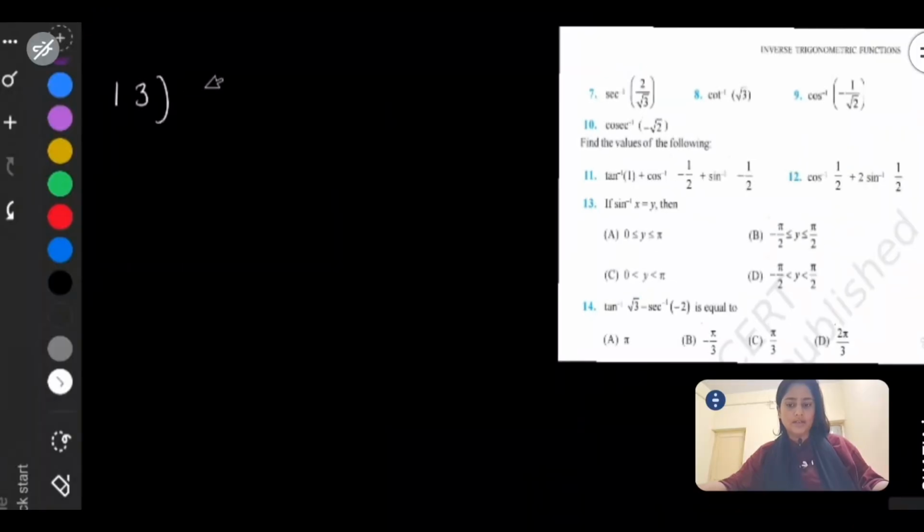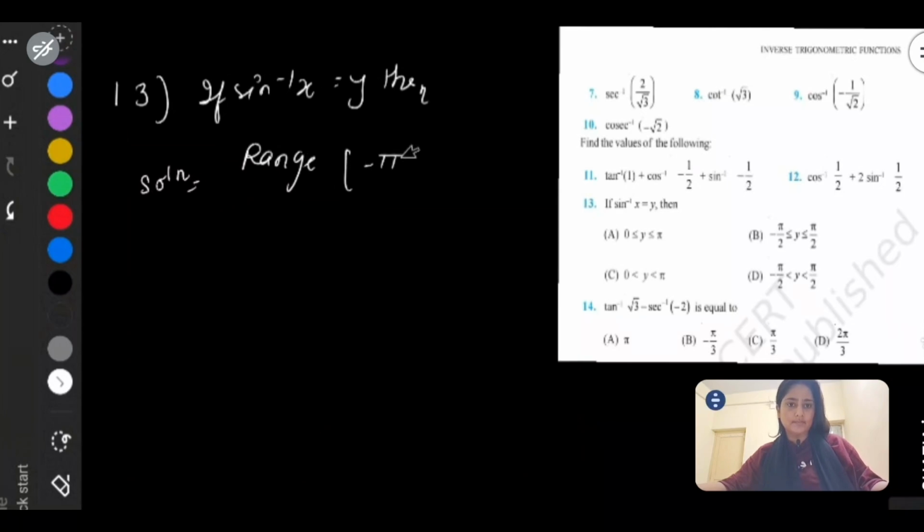Question number 13 is given: if sine inverse x is equal to y, then we know the range of the sine inverse, which is minus pi by 2 to pi by 2, closed bracket.